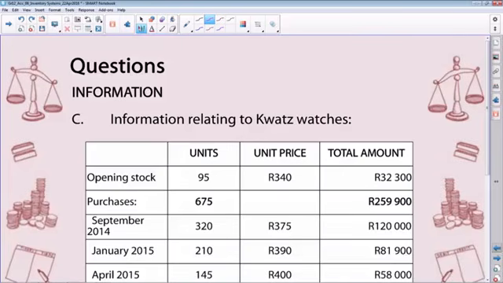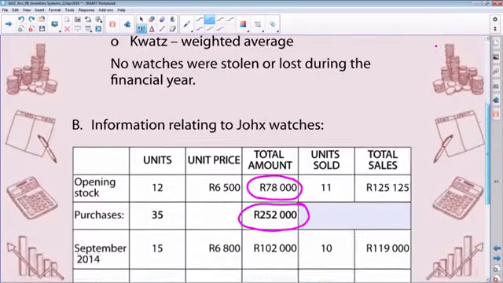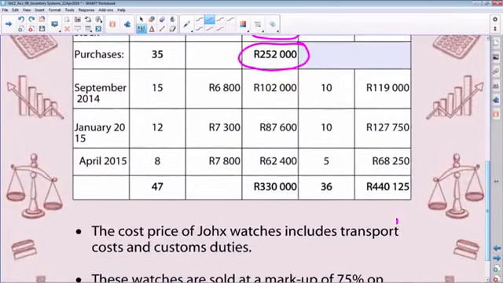But what do we know? We know regarding Jock's watches that all the costs, that means your transport as well as your customs duties, were part of the purchase figures, and therefore they were included.